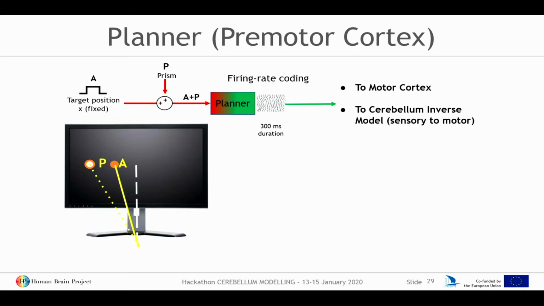So if we want to go to 50 centimeters, it's a certain firing rate. If you want to go to 60, it's a bit higher, and so on. So it's a simple way to encode where we want to go. This is the simplification that we have made.